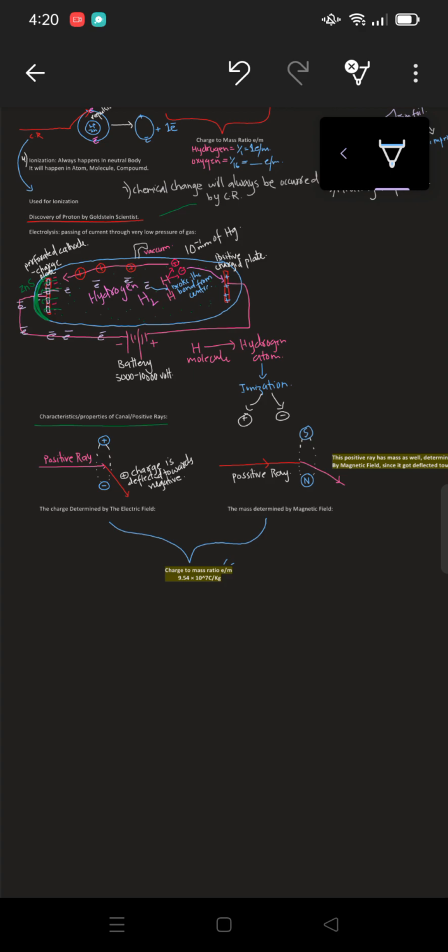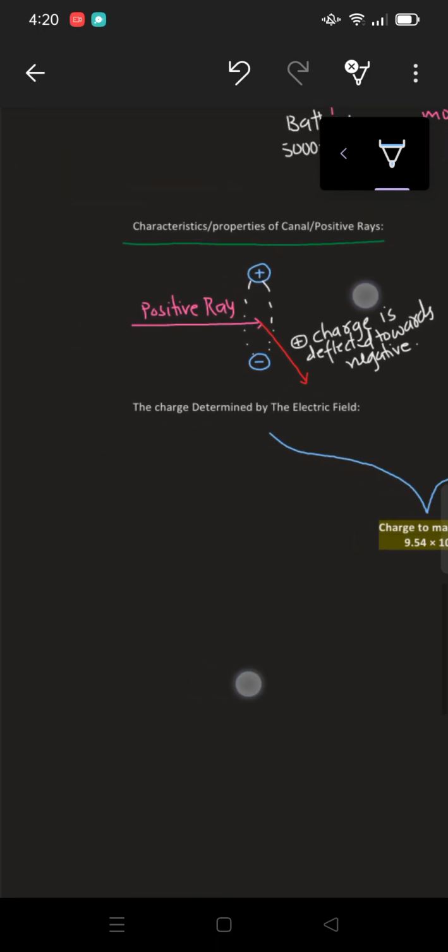Now let's talk about how they move. Do they move in a straight path or do they follow a wave path? For instance, I have a positive ray, and this is the discharge tube.